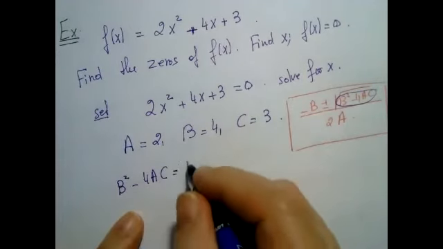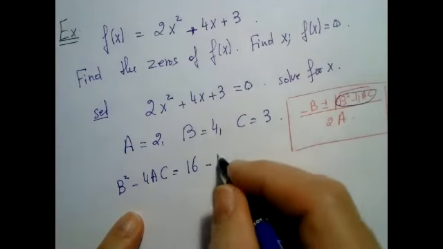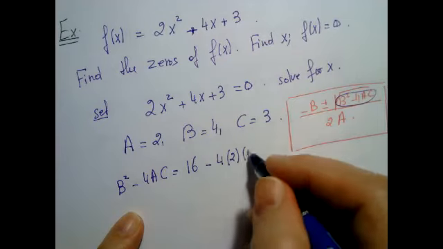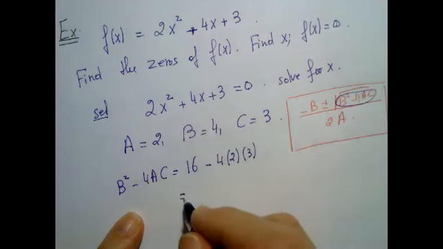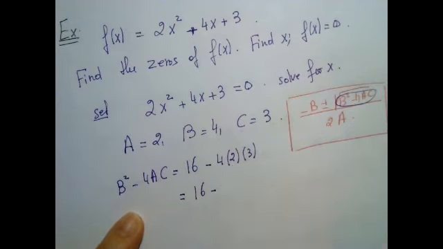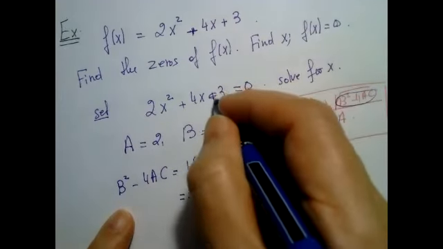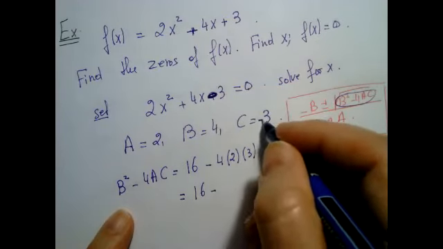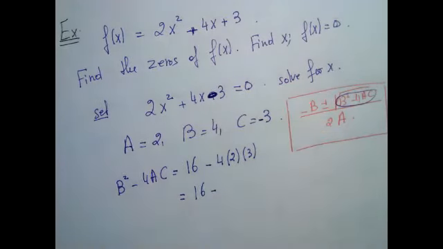B squared is 16 minus 4 times 2 times 3. Sorry, my apology, put minus 3 for c.